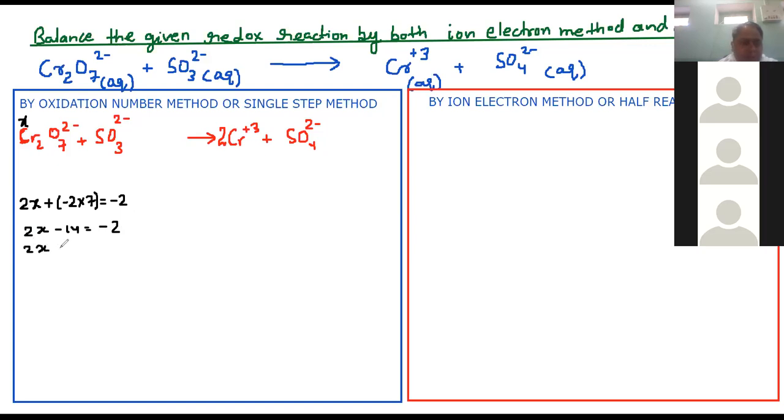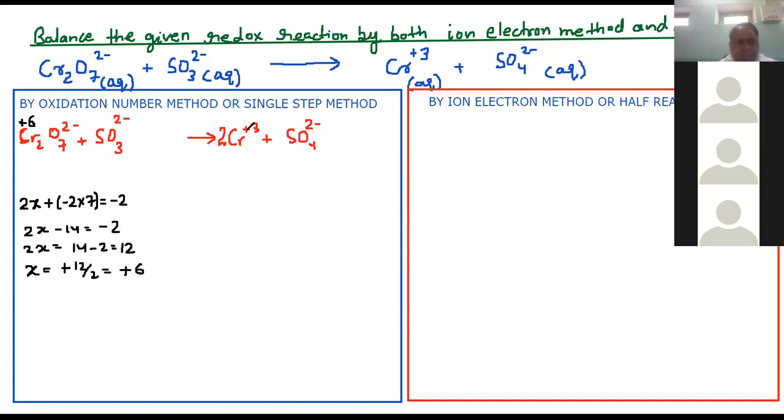So 2X is equal to 14 minus 2 equal to 12. So X is equal to plus 12 by 2 equal to plus 6. So we can write here plus 6.